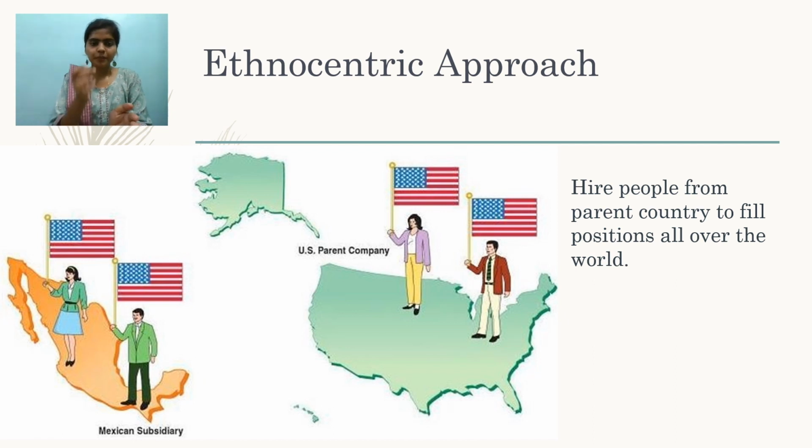If you look at this picture, this US company is the parent company, and they have a subsidiary, meaning a branch, in another country, which is Mexico, and they choose to appoint or hire people from the US itself to fill their vacant positions or their executive positions in Mexico as well, because they prefer the parent country people being in top positions, so that the organization's culture will be maintained. It is easy to bring more structure into the organization, and communicate the vision and mission of the organization easily, and all of that.